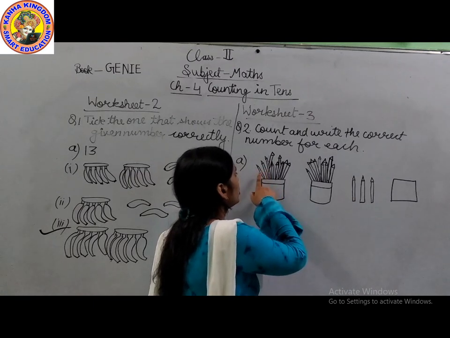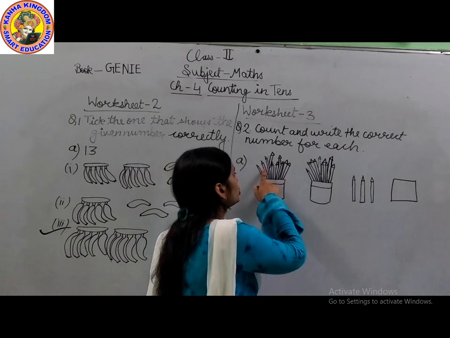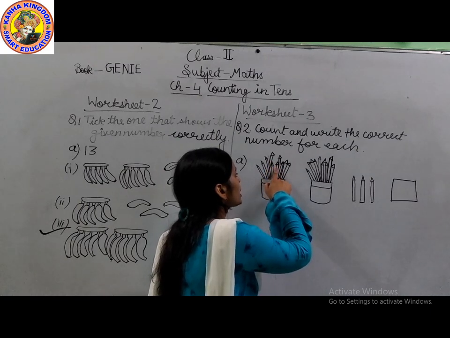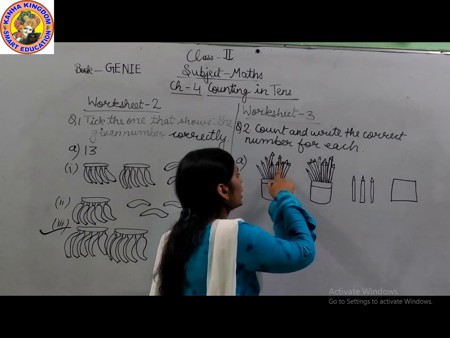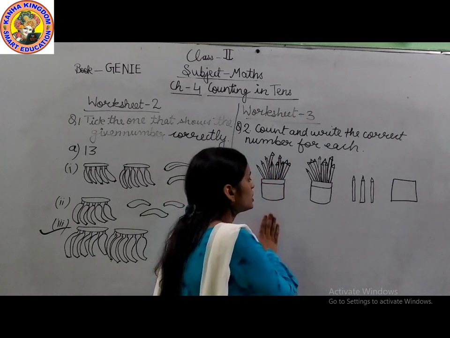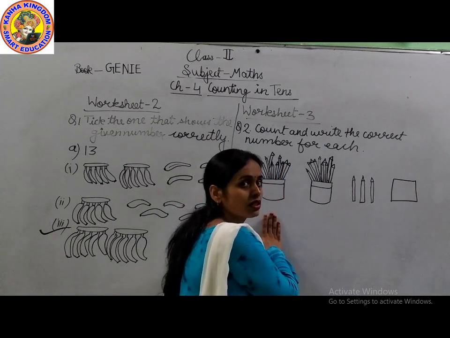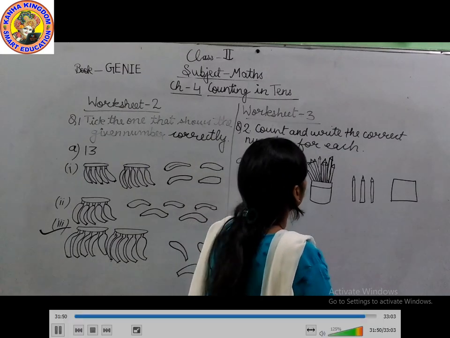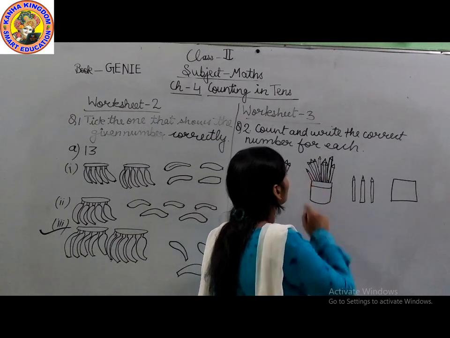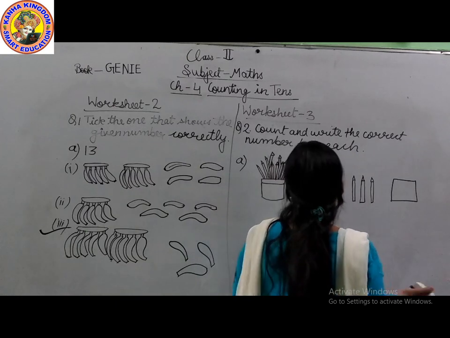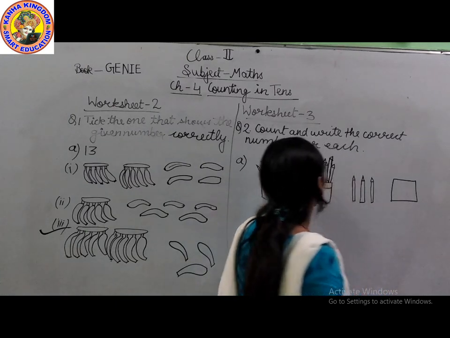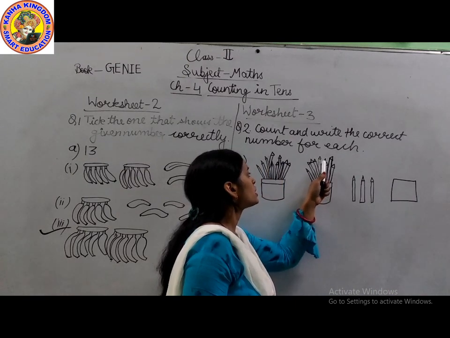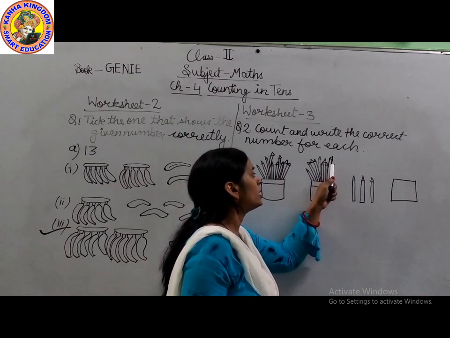First we count 1, 2, 3, 4, 5, 6, 7, 8, 9, 10. So how many pencils in first box? 10. Now count in second. 1, 2, 3, 4, 5, 6, 7, 8, 9, 10.